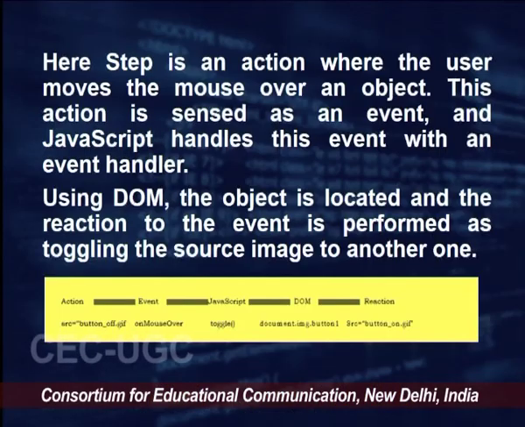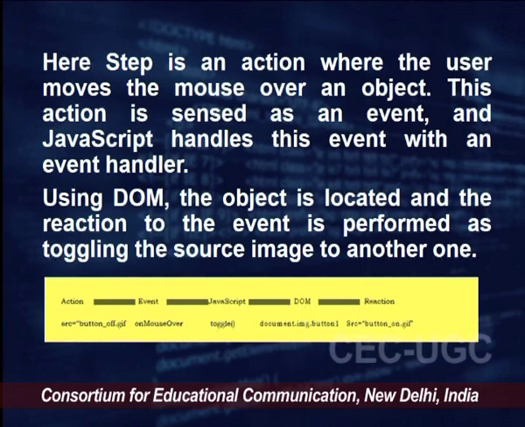So basically we have seen that when events occur, there is a step by step procedure which is followed. Whenever the user interacts, an action takes place on the screen, an event is sensed, an event is detected, and then the JavaScript document object model is triggered and it tries to sense where exactly, on which object, the event has occurred, and then finally the action whatever the user has specified is going to take place.